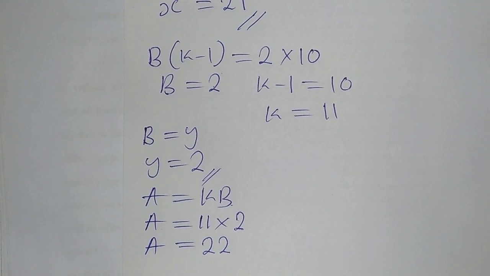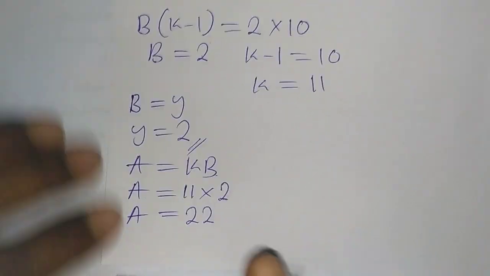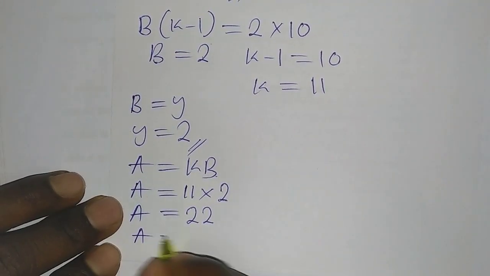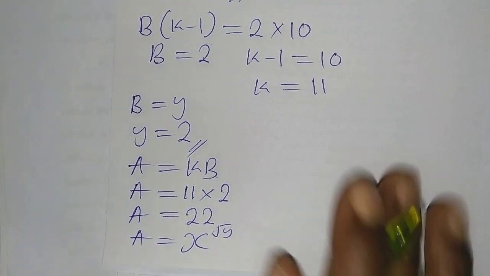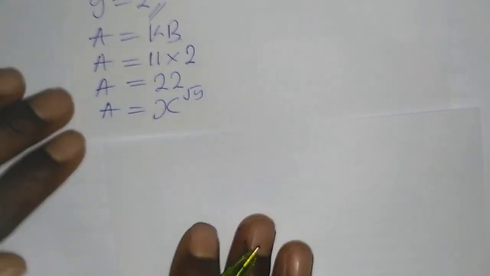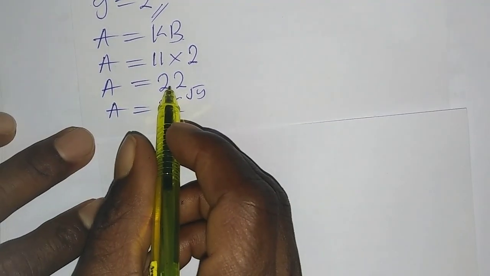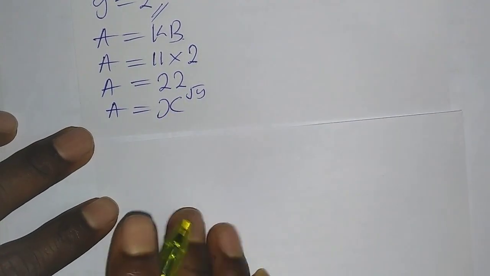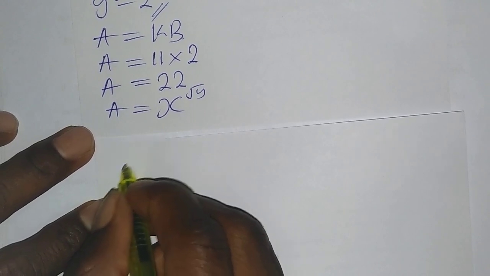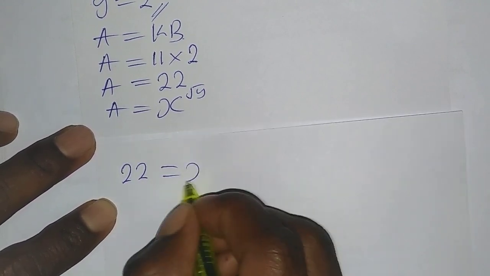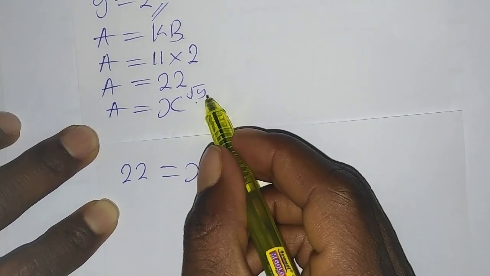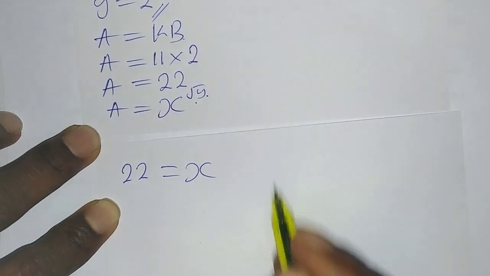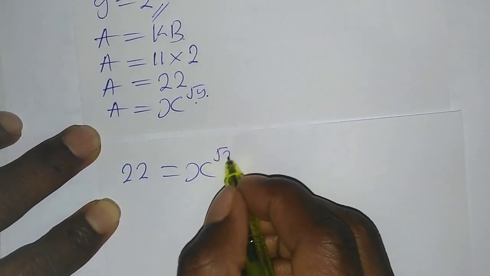Now, if you remember, we let a be equal to x to the power of root y. And now our a is 22. Therefore, we have 22 equal to x to the power of root y. But our value of y is 2. Therefore, we put root 2.